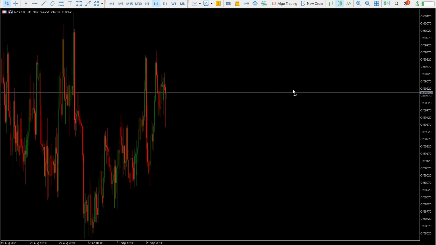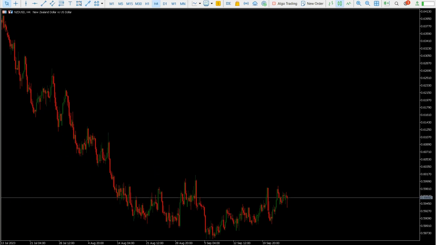Again, it's pretty similar to the AUD. We are at a very similar price. But we had a good week on the New Zealand dollar last week, likely due to the strong economic conditions in Asia overall, particularly in China, with recent stimulus measures.